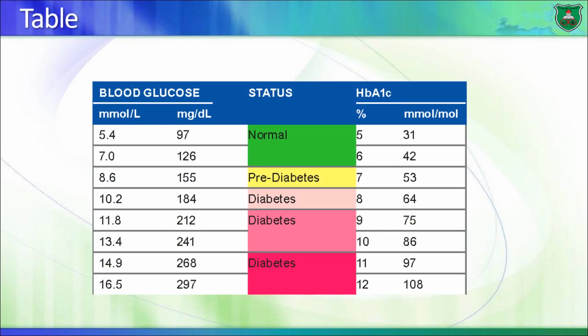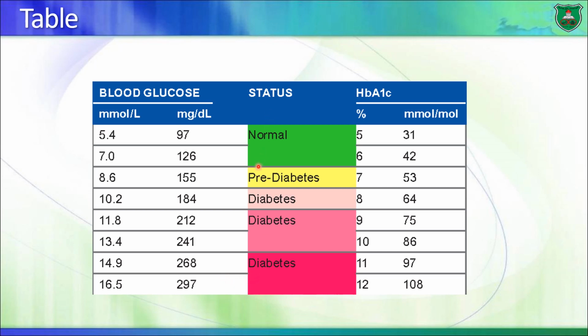Now this table is very important for you to know, and I do want you to memorize it. So it tells us about the status of individuals, whether they are normal, pre-diabetic, which basically makes them susceptible, makes them vulnerable, makes it easier for them to become diabetic, or if a person is already diabetic, and there are different levels, of course, being mild diabetes or very severe diabetes.